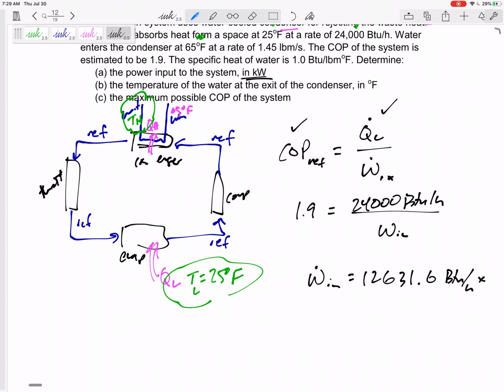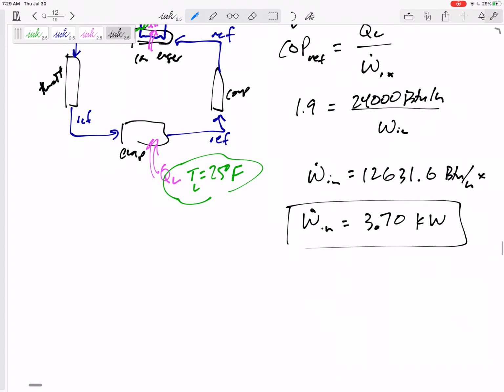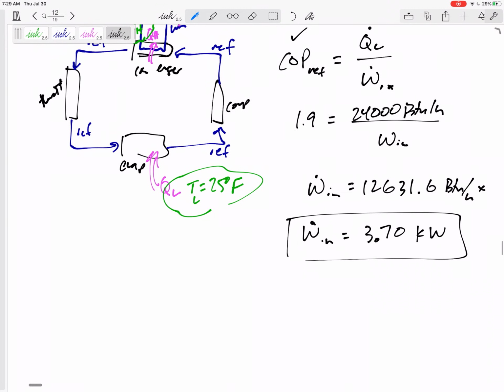But it wants it in kilowatts, so convert that to kilowatts. The WN is 3.70 kilowatts.